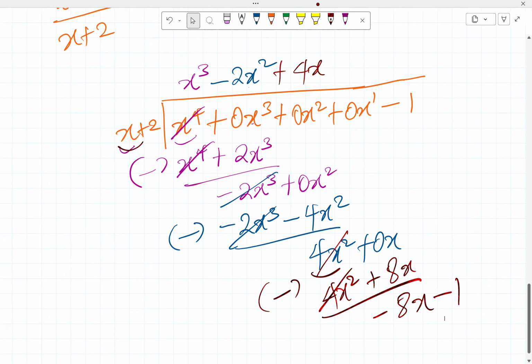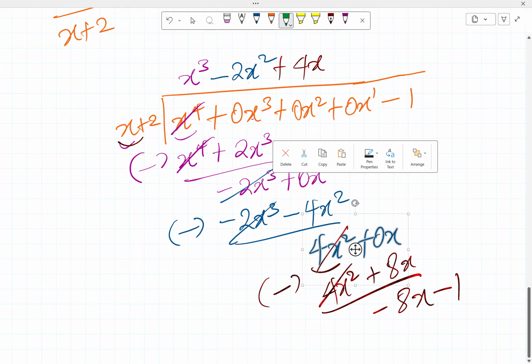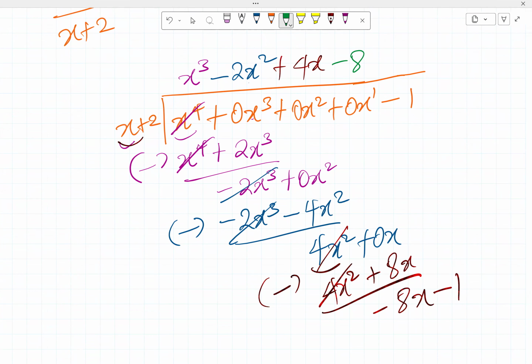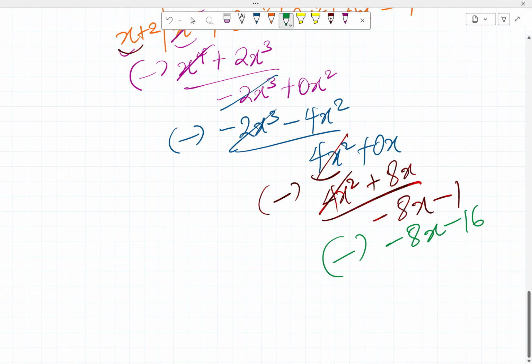For this last one, x goes in minus 8x, that will be minus 8 times. Minus 8 times x is minus 8x, and minus 8 times 2 is minus 16. Then we subtract. Minus 8x minus minus 8x is 0.